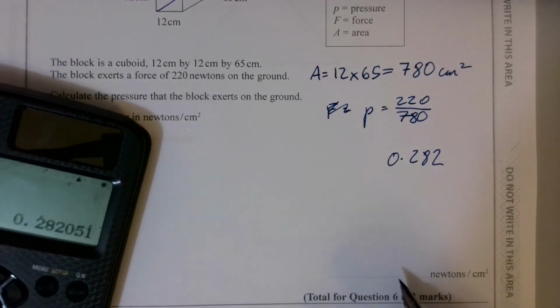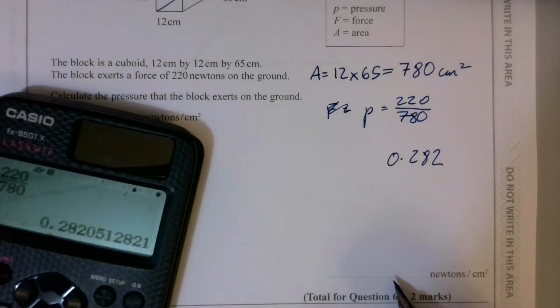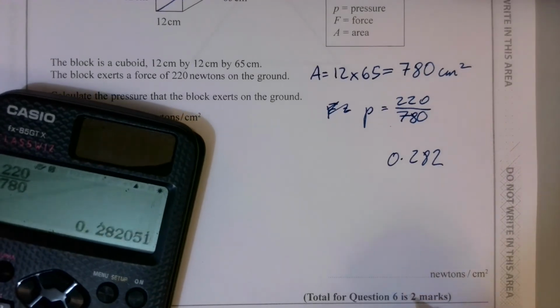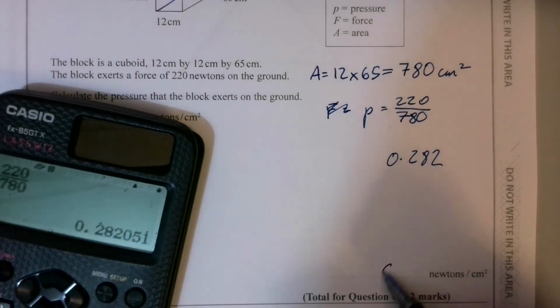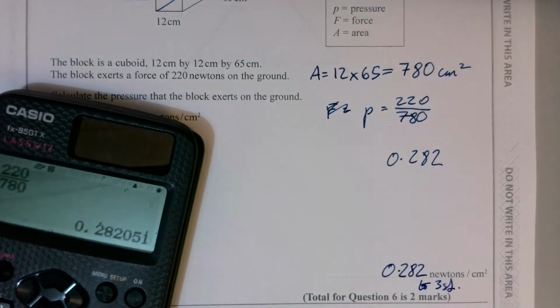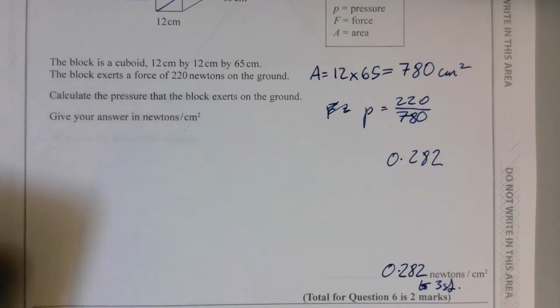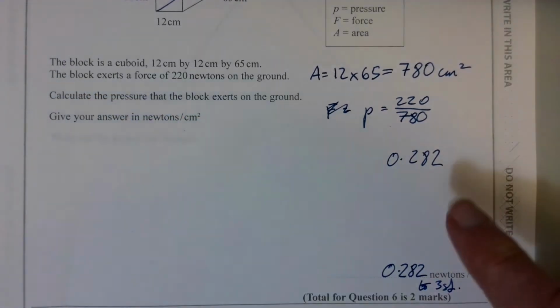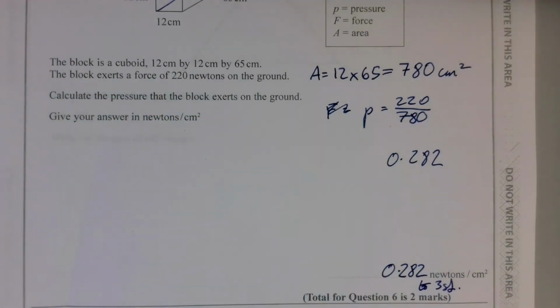So you could leave it as a fraction if you wanted to, which was 11 over 39, but 0.282, and if you just write to 3 significant figures, you know you're safe. As long as it says in the mark scheme, anything between 0.28 and 0.283 it will accept, but it does want to have 1 working mark in there as well.